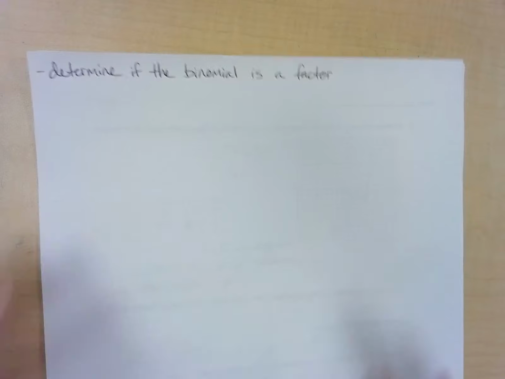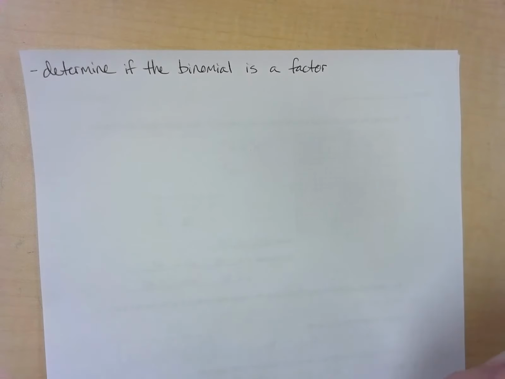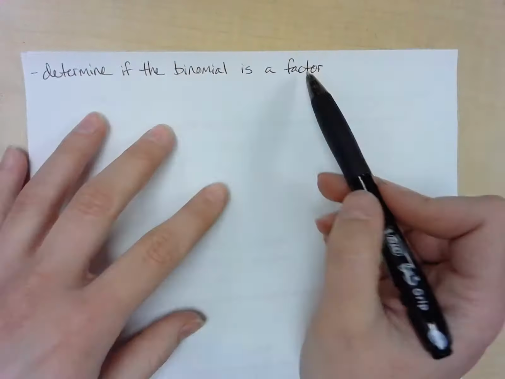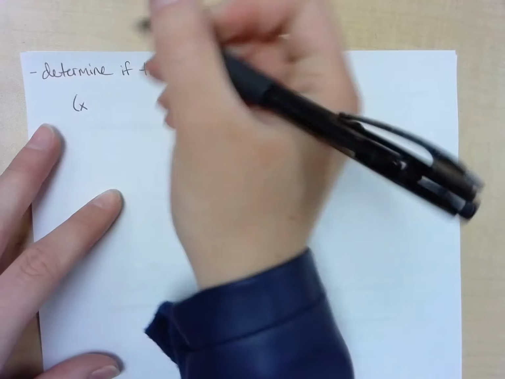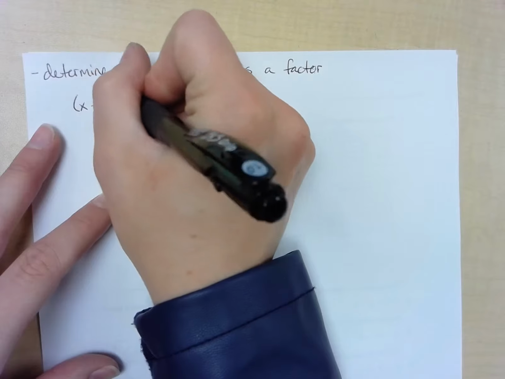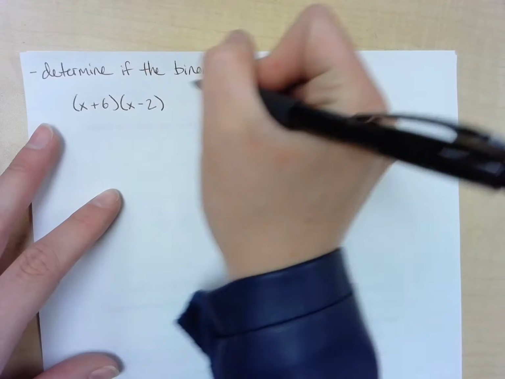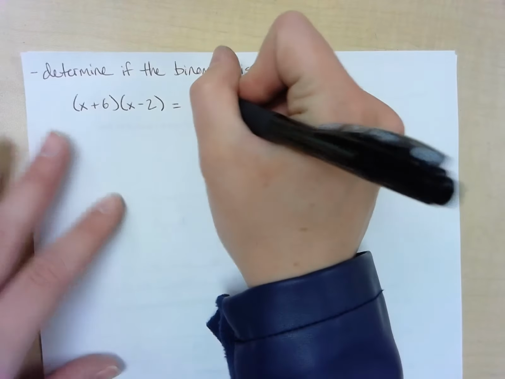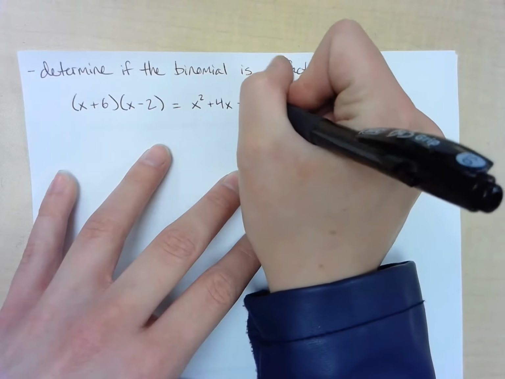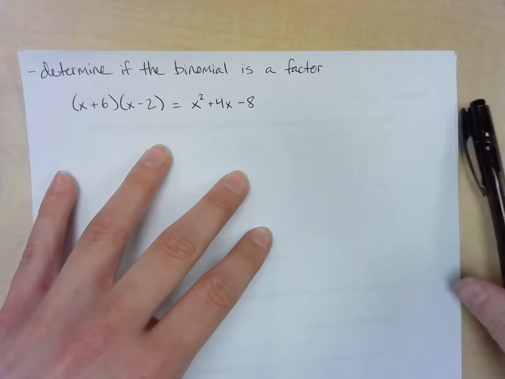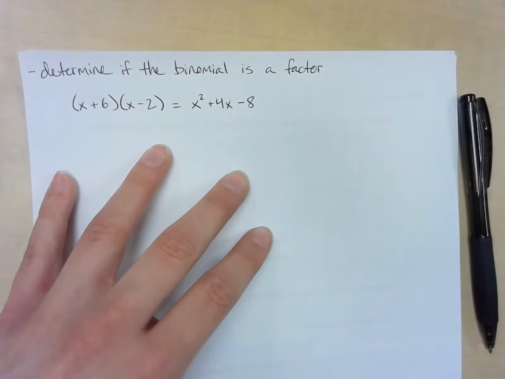Okay, so to determine if a binomial is a factor, think about it this way. Think about factoring, where, let's say I have x plus 6 and x minus 2 as the factored form of x squared plus 4x minus 12. Wow, that was impressive.